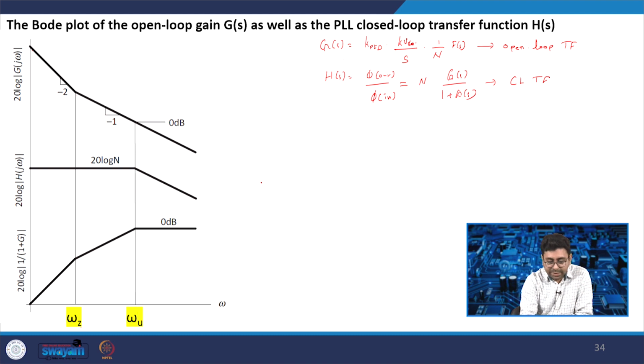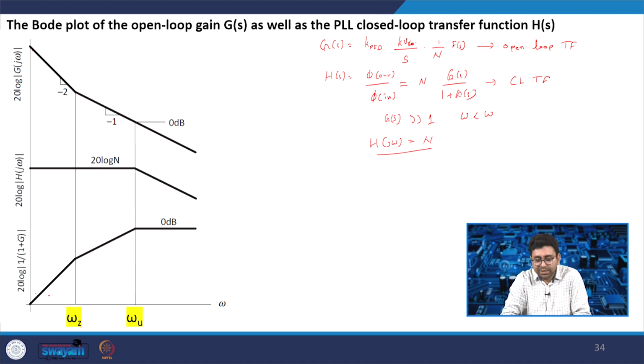Now, the catching point here is that if G(s) is much higher than 1, for frequency omega less than omega u, we can have H(j omega) equal to N. So, H is given by N, and it can be written as 20 log of N, and this is a transfer function of 1 by 1 plus G, which will be reflected in the G(s) and H(s) in the 1 by 1 plus G transfer function.